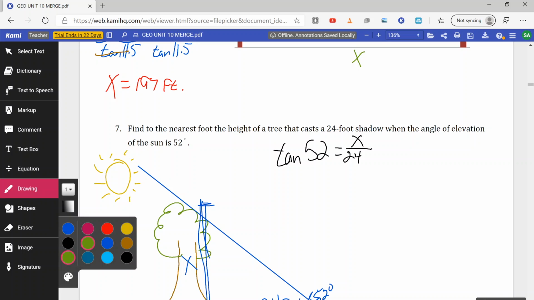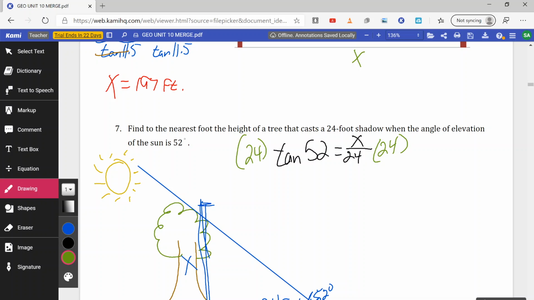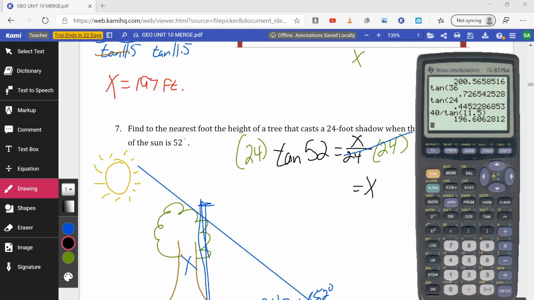To figure out what x is, we just multiply by the denominator to get rid of the fraction on both sides. That will cancel out, leaving us with just x. And then 24 times the tangent of 52 gives us 30.7 feet.